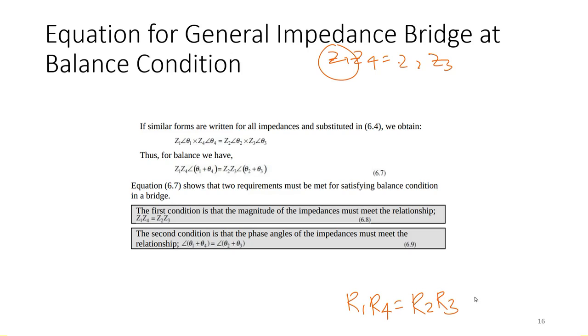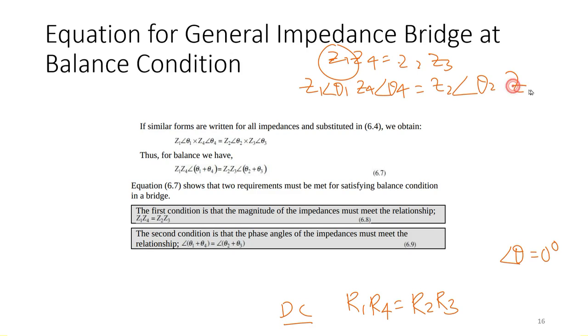In this case we always have zero angle, so the angle theta is always 0 degrees. So theta does not matter in a DC bridge, but we are now working with AC. So in AC, Z1 is actually Z1 angle theta 1, Z4 angle theta 4 equal to Z2 angle theta 2 into Z3 angle theta 3.